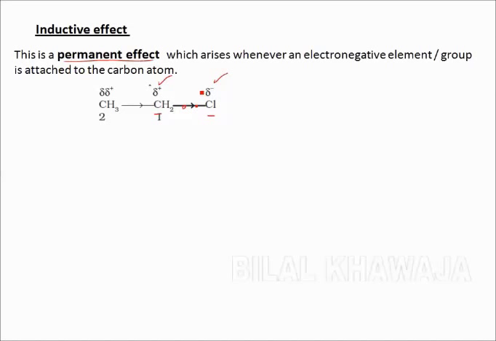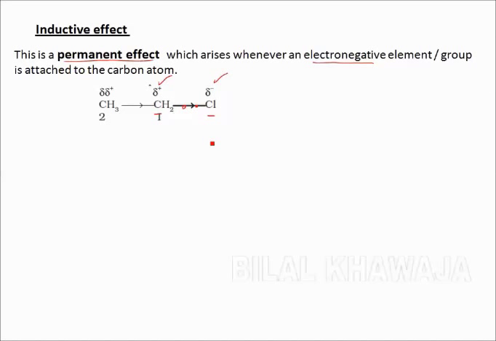And in this inductive effect, what is the reason you get a polarity in a sigma bond? It is due to the difference in electronegativity. One atom must be more electronegative than the other. So this polarity is called the inductive effect, the displacement of sigma electrons.